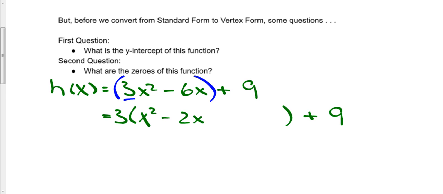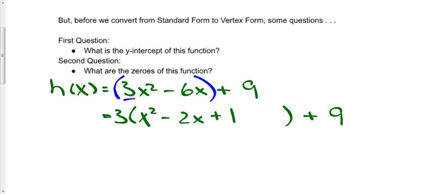So my next step. Take my b term. What's my b in this equation? Negative 2. Halve it, then square it. So what's half of negative 2? Negative 1. Squared, okay? 1. That's what I add here.